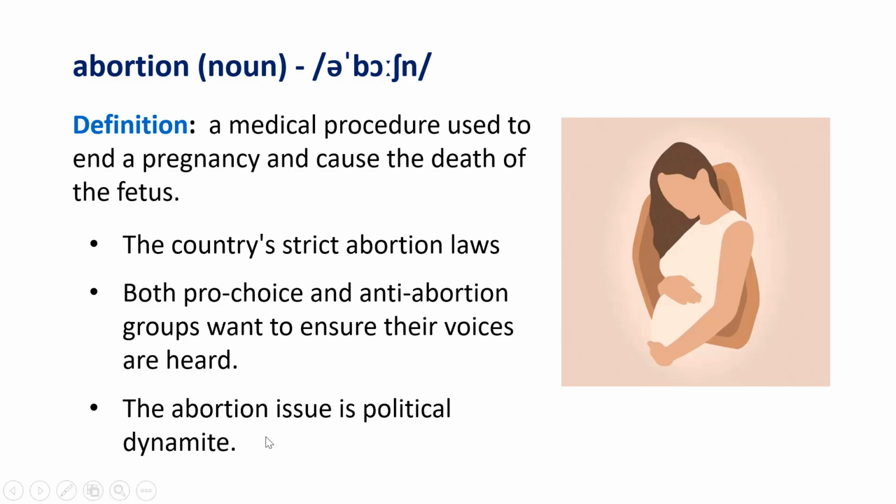And the abortion issue is political dynamite. We can understand this through the debates between Donald Trump, the former president of the USA, and his opponents. They frequently discuss this topic, so that's why we consider the abortion issue to be political dynamite.